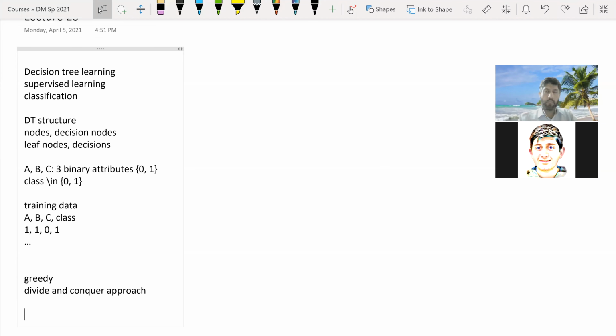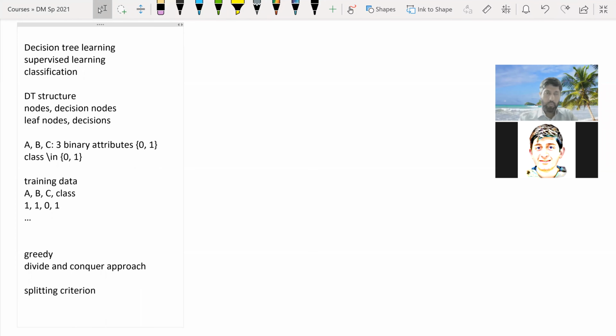And for that, obviously, we'll need a criterion to decide which node to make a decision on. So that criterion in the terminology of decision tree is called the splitting criterion. And this criterion comes from information theory. So that's why these techniques are called information theoretic.